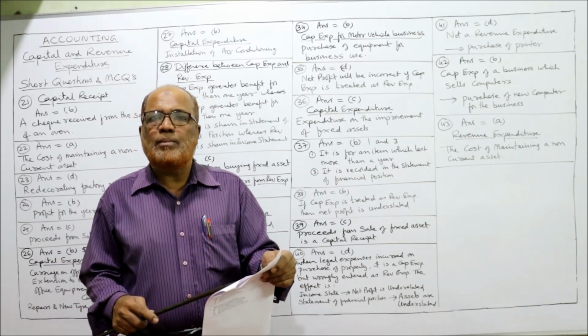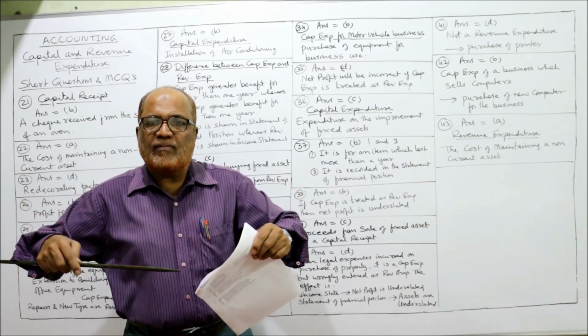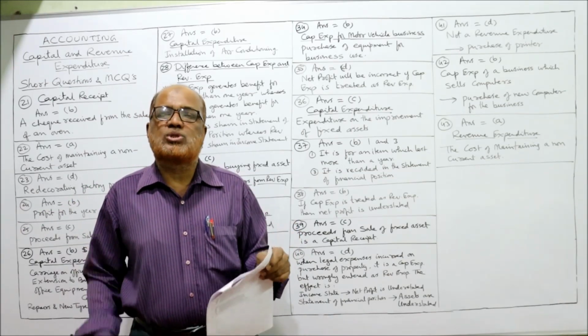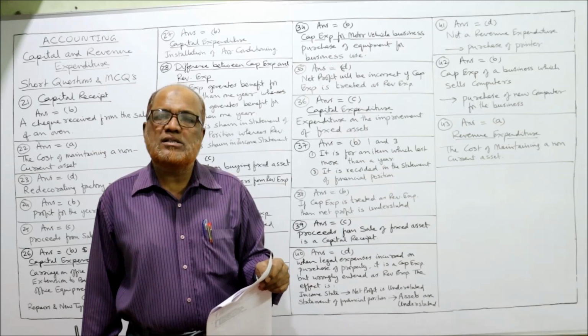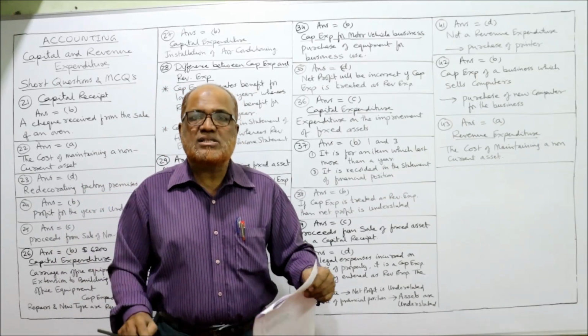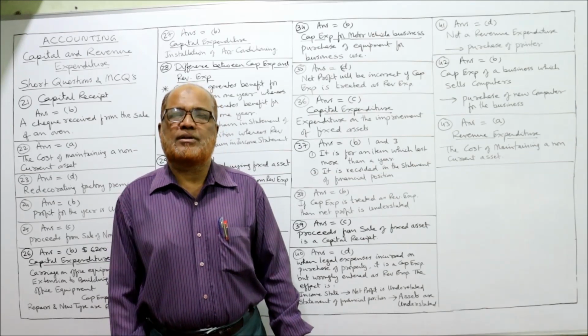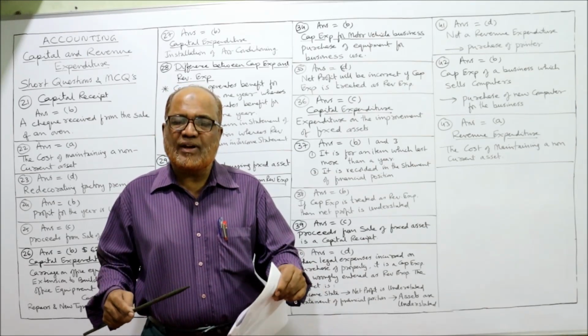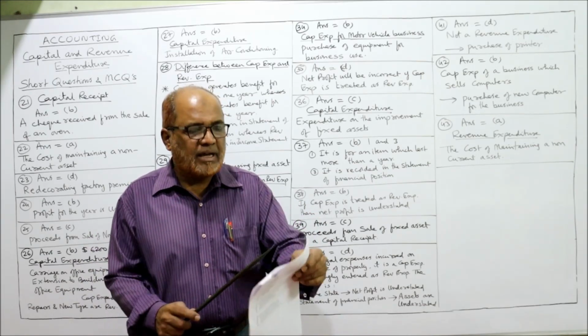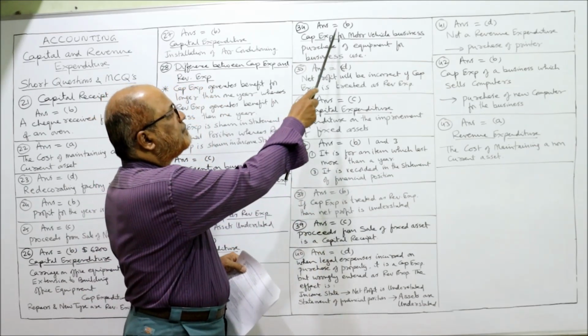Because it's a motor vehicle business, they are purchasing motor vehicles and selling motor vehicles. The motor vehicles are goods. Expenditure incurred is revenue expenditure. Now, purchase of equipment for business use, it's a capital expenditure. So B answer. 34th B.